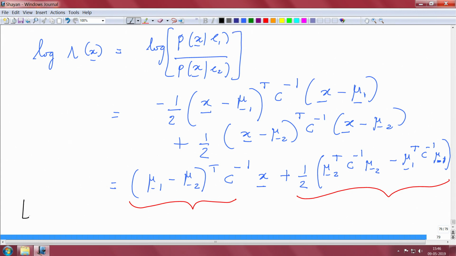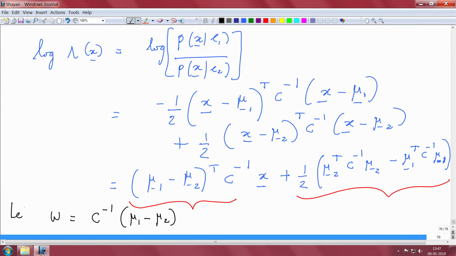So, suppose we let, so I will write it here itself. Suppose I say W equals C inverse times mu 1 minus mu 2.